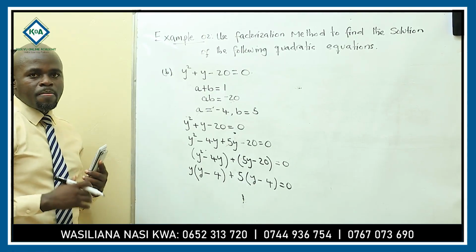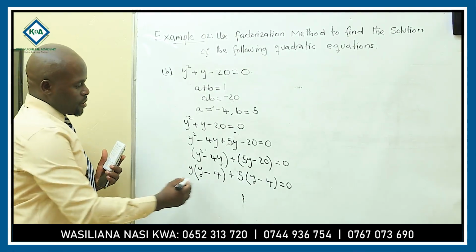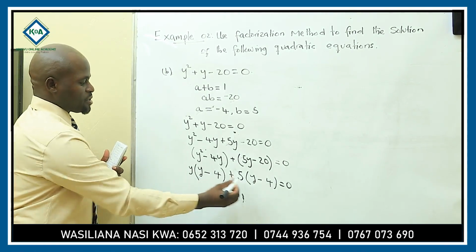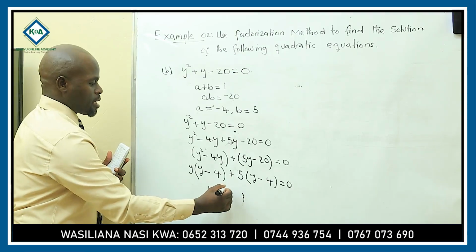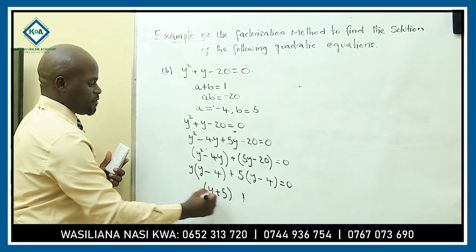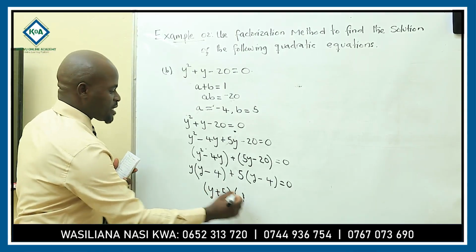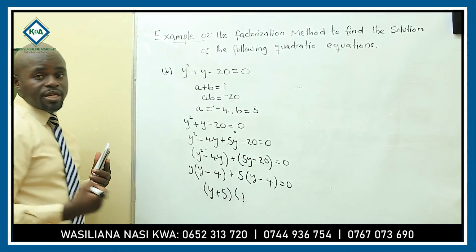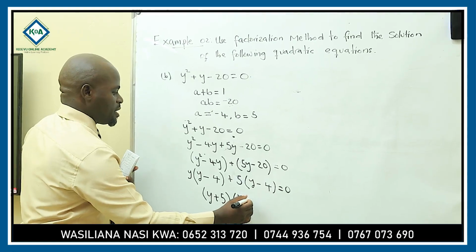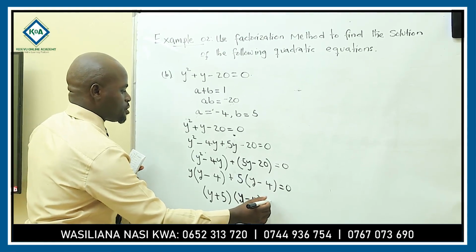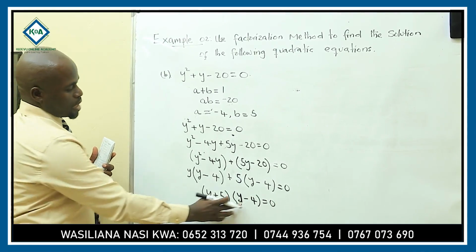It means we are correct. Then our factors will be, first we take out the outside numbers, so y plus 5, the first factor. And the second factor, we take one of these two because they are the same. So we take y minus 4 is equal to 0. So these are two factors.